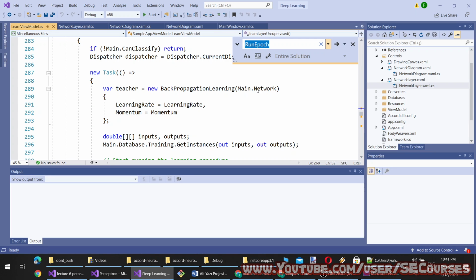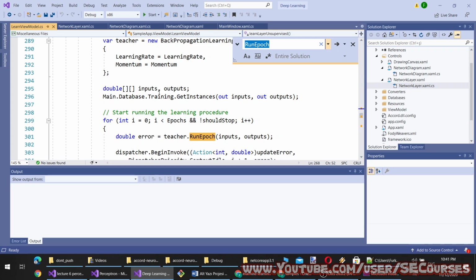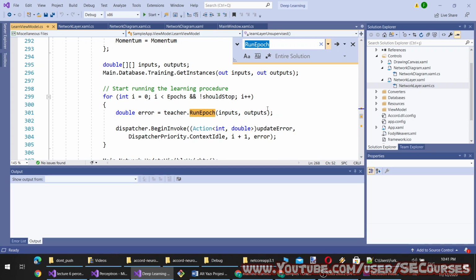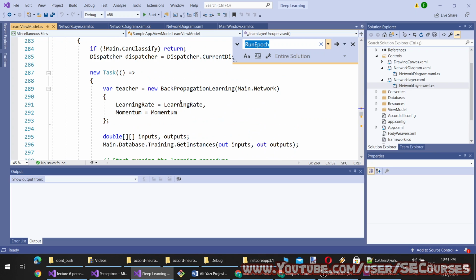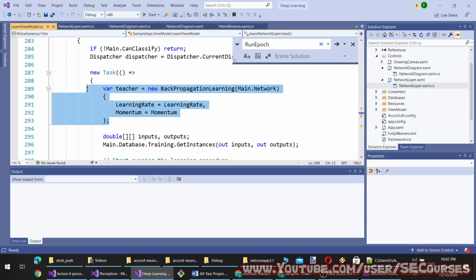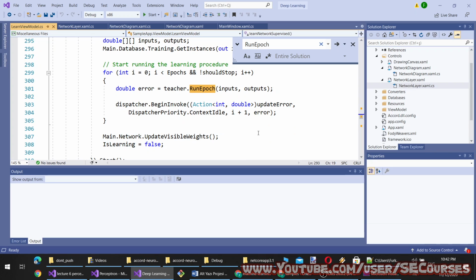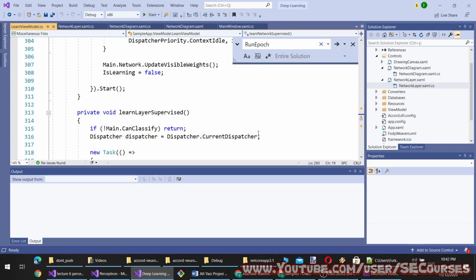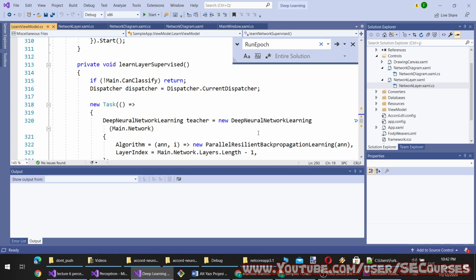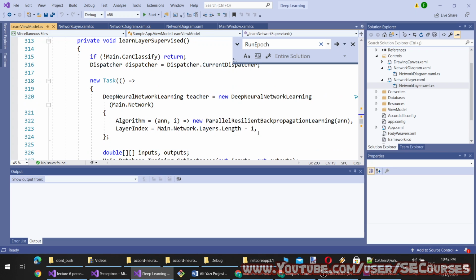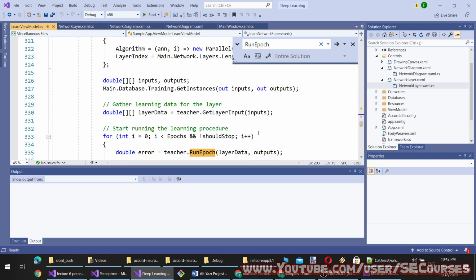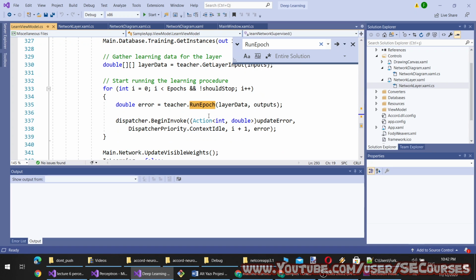So it uses backpropagation network, and it takes the inputs and the outputs. So it is backpropagation network, and it takes momentum and learning rate. Yeah, this is actually what we needed.